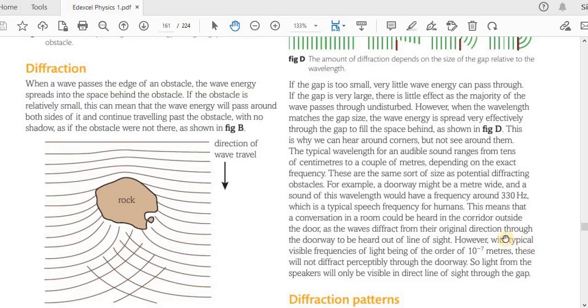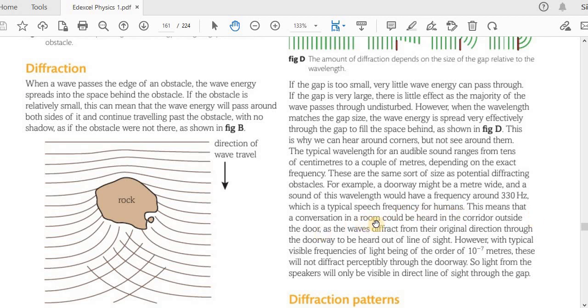A frequency of 330 Hz is a typical speech frequency for humans. So the frequency that we talk at is around what is given here.